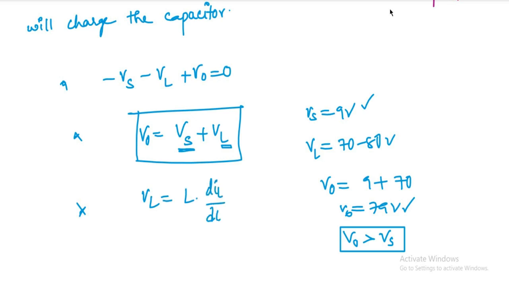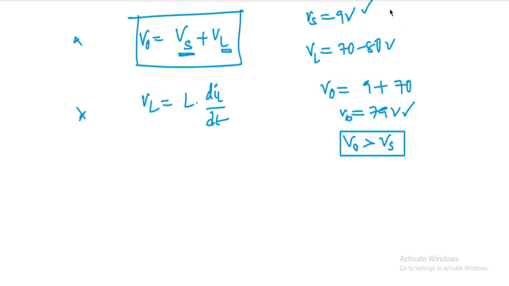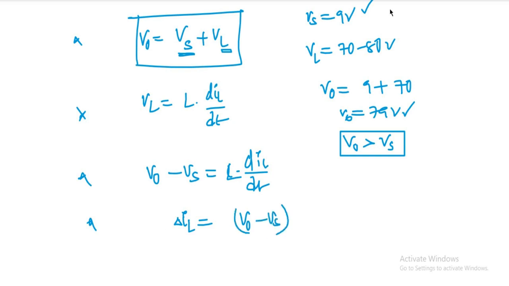I am going to substitute VL in the above expression for output voltage, so V naught minus Vs equal to L into dIL by dt. I am taking delta IL common and writing it separately. That will be V0 minus Vs into delta t. Here, what is delta t? Delta t is nothing but T off minus T on, right?